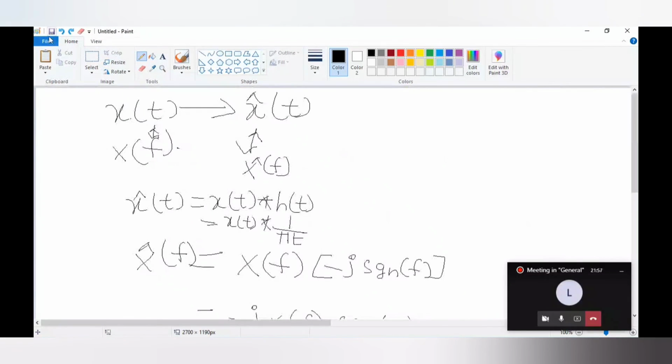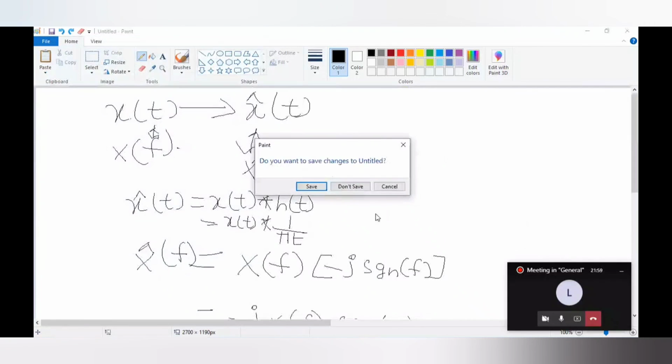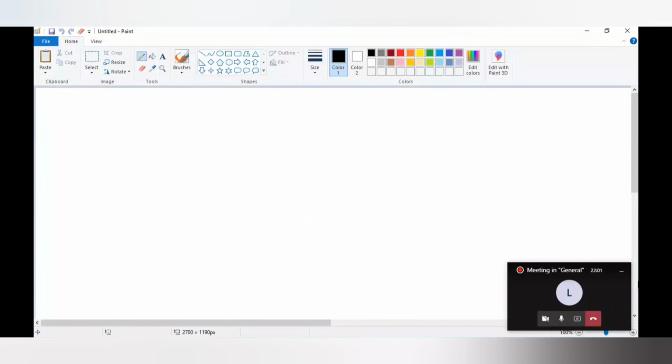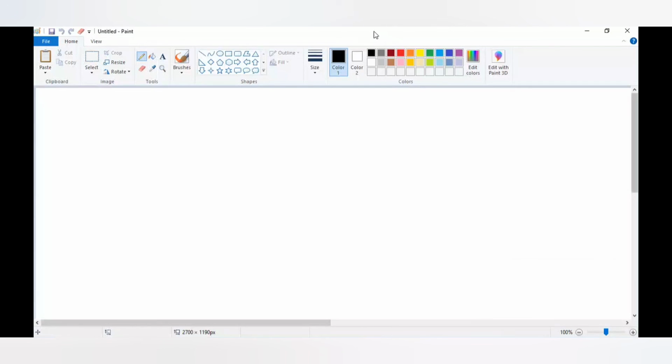Let me take the new page. Okay, let us go with the next property. What is that? The magnitude spectrum of x cap of t is same as x of t. That is what it means.